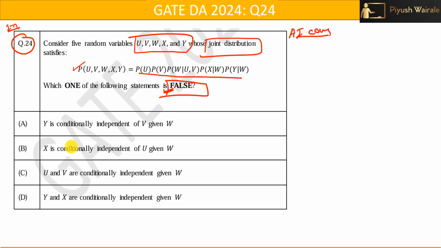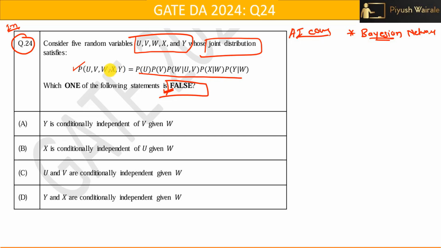We can solve this question by the joint distribution concept. Also, I can draw a Bayesian network for it. We already discussed how to draw a Bayesian network for a given distribution, or if a Bayesian network is given, how we can get the joint distribution.